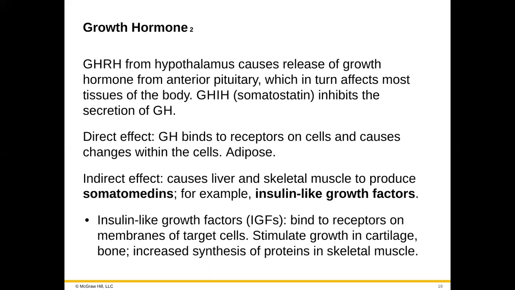And what these insulin-like growth factors do is bind to receptors on the membranes of target cells. And this is going to help stimulate the growth of cartilage and bone. It's going to help increase synthesis of proteins in skeletal muscle, generally increasing synthesis of proteins to help build, hence we're growing.